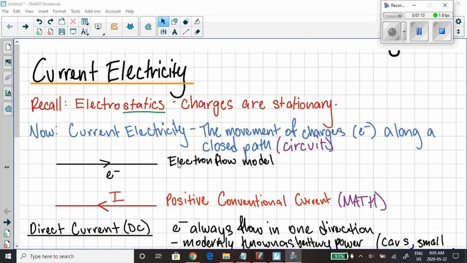Another way of looking at it has a symbol I, and it's called positive conventional current. All of the mathematics that we will be looking at when we're studying current electricity is based on this model, positive conventional current. And look, it flows in the opposite direction of electrons.